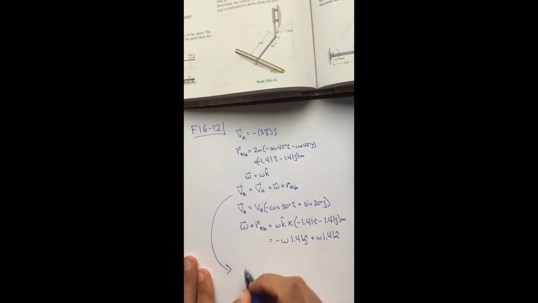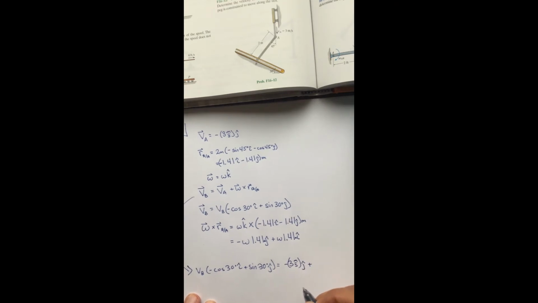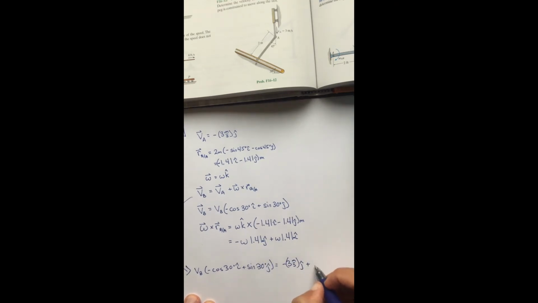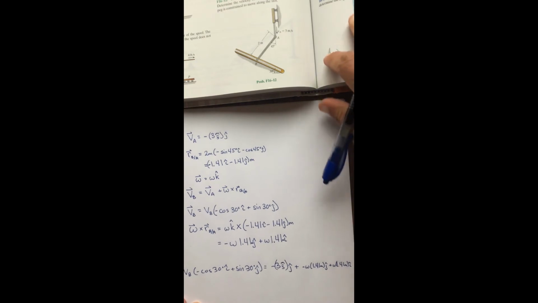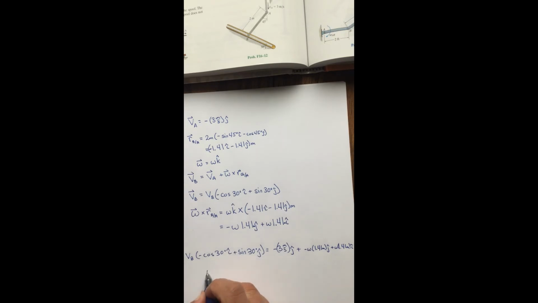And I have VB is VB times negative cosine 30 degrees i hat plus sine of 30 degrees in the j hat direction. This is equal to VA, which is minus 3 meters per second in the j hat direction, plus the cross product, which I have here. That's minus omega times 1.41 meters in the j hat direction plus omega times 1.41 meters in the i hat direction. Now I have my vector equation here. I can look at the i hat and the j hat components separately.